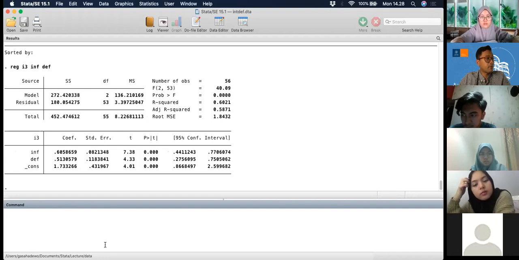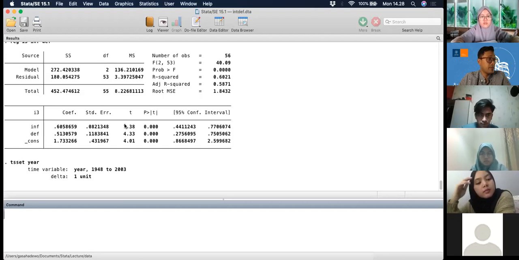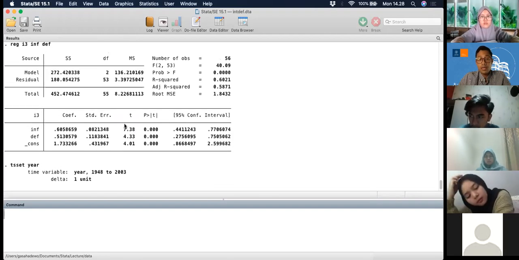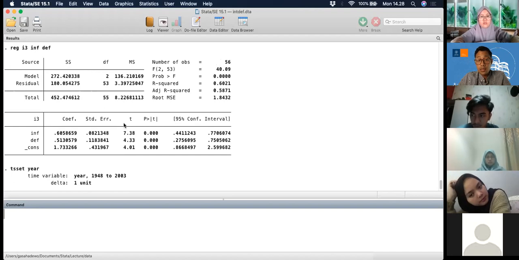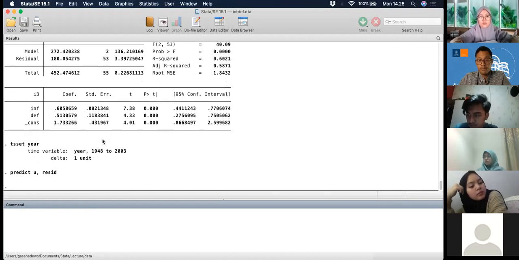Before that, I also need to set the time series. Given the regression, I'm going to predict the residual.